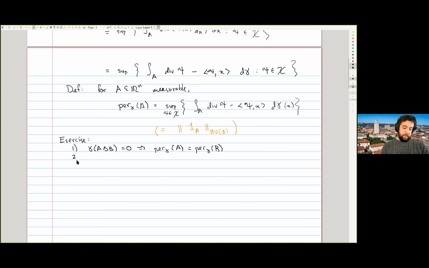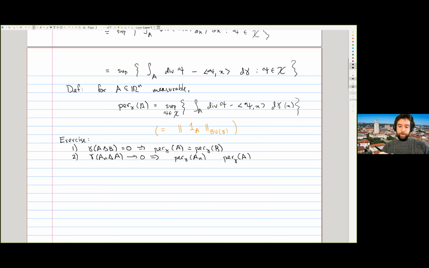The second one is a limiting version of this. If I have a bunch of sets which are converging in measure to another set, in the sense that the measure of the symmetric difference goes to 0, you shouldn't expect that the perimeters converge to the perimeter.